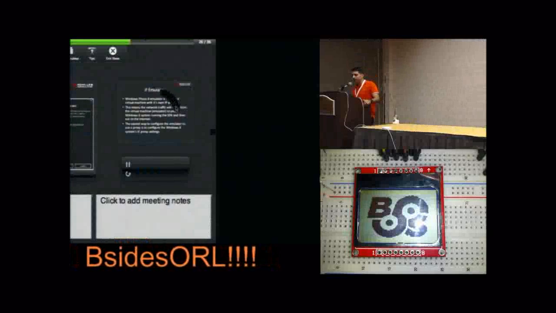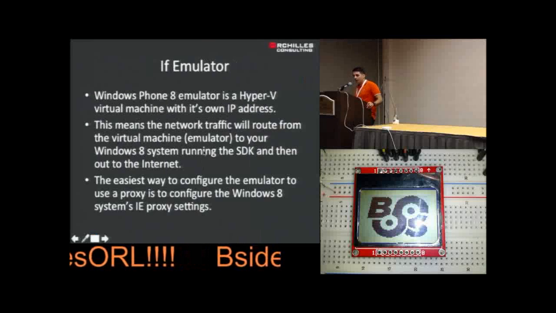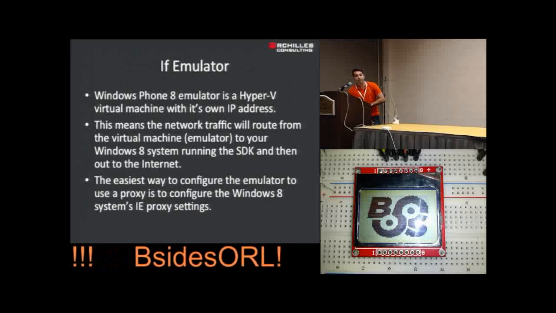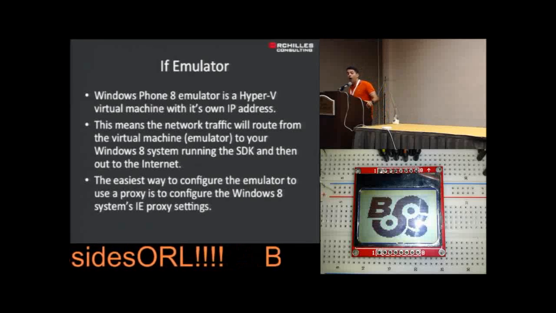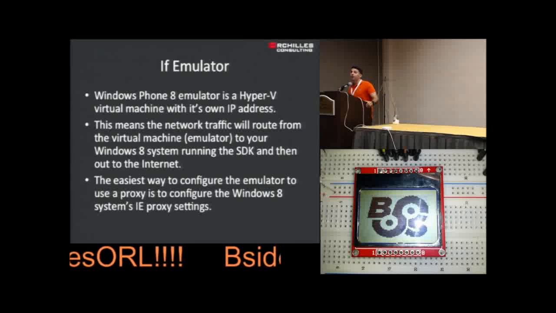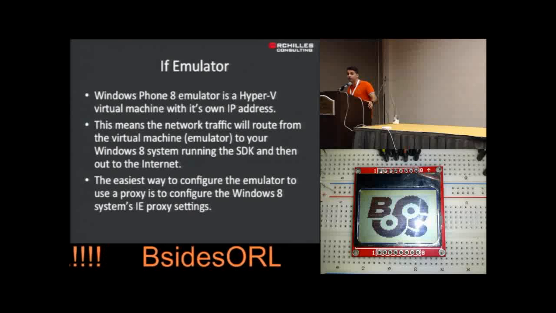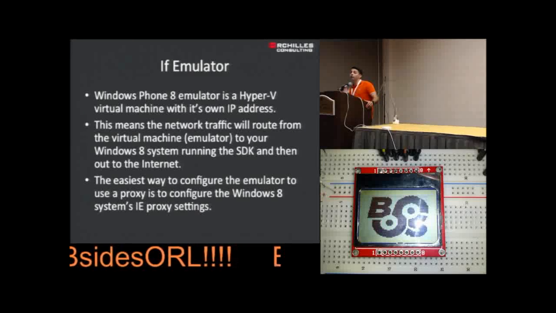So far, so good. Now, if you are on the emulator, because I know none of you have phones and you're going to go home and try this with the emulator, remember, the Windows Phone emulator is a virtual machine on your Windows 8, which will probably be a virtual machine too because you wouldn't run that as your primary operating system, right? So you have a VM going through a VM going through a VM.